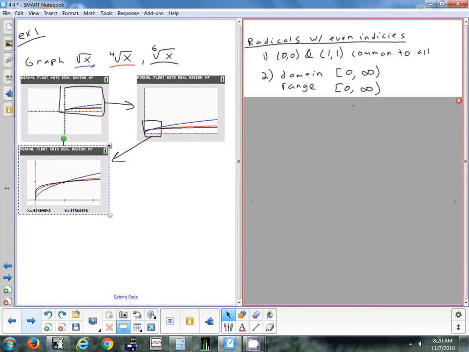We don't take roots with even indices that have radicands that are negative. If you did, you'd be getting into imaginaries, which we're not doing in this section. So domain is any number from 0 to infinity, and range is also 0 to infinity. Another way to say that, you're in quadrant 1 all the time, or on an axis. (0, 0), technically, is not in quadrant 1.